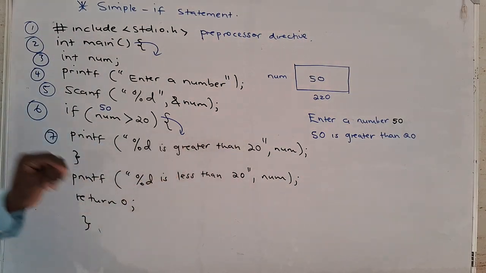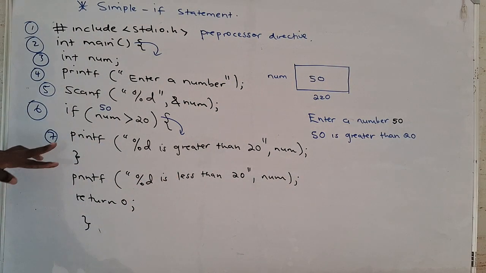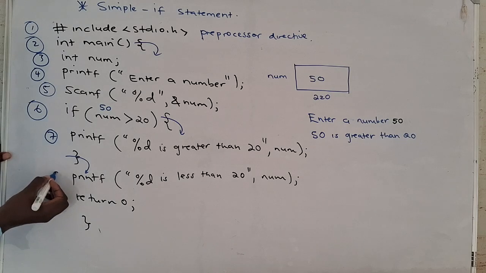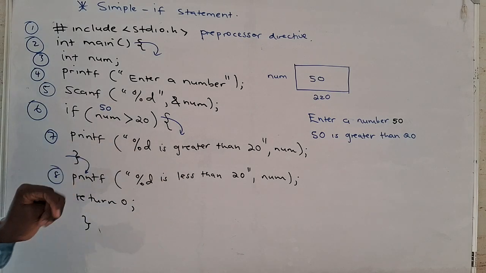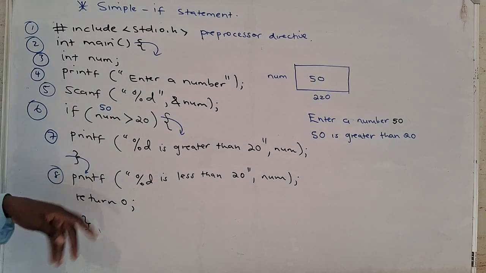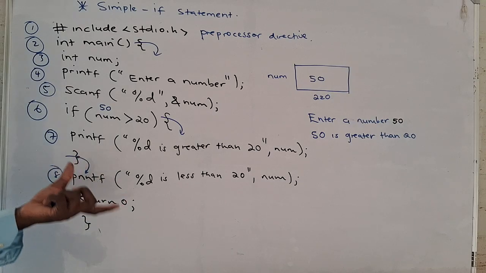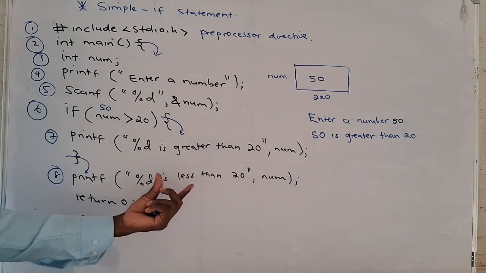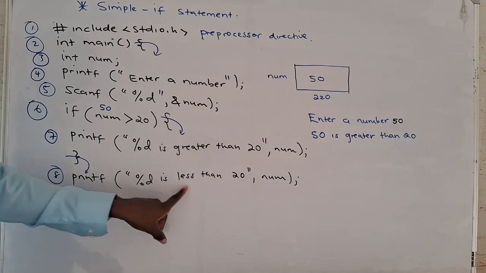This is over. After finishing the execution of the statements in the if block, the compiler is going to leave the if block. Now it is going to execute statement number 8. Printf, this is also a formatted output function, so this statement is going to be printed. "%d is less than 20."